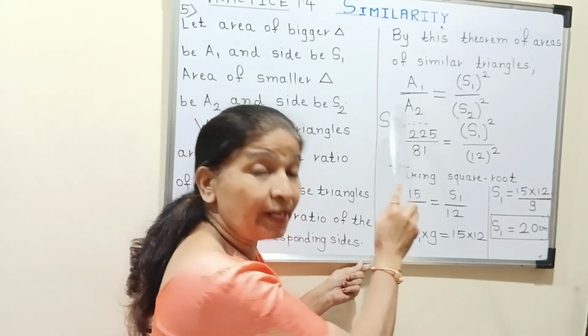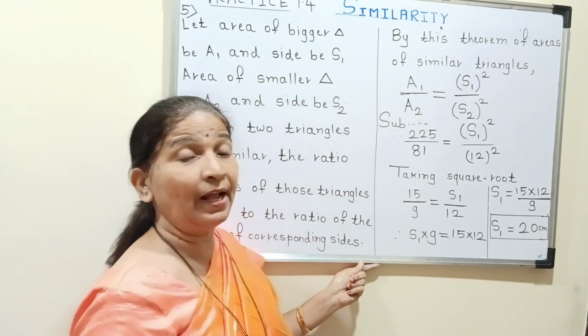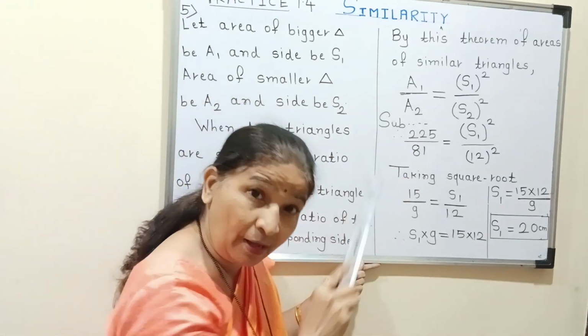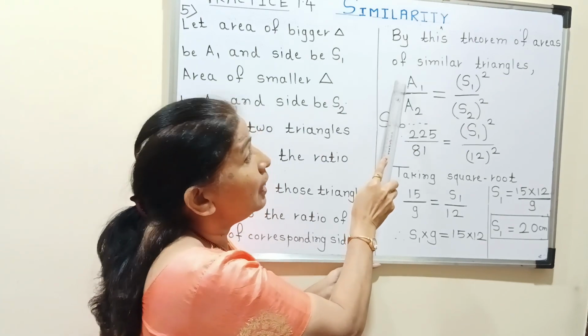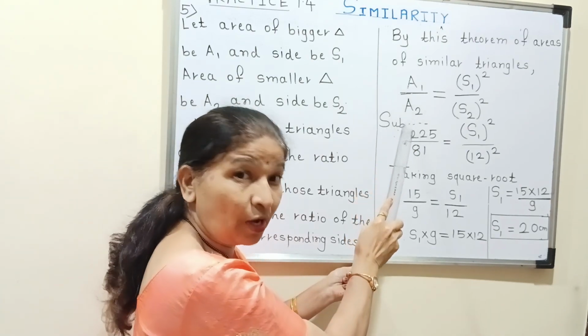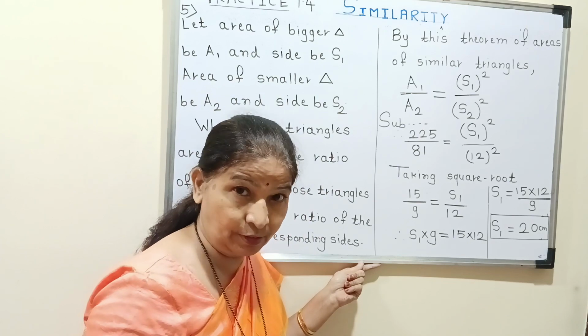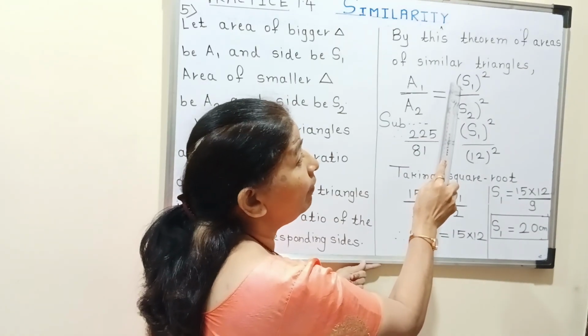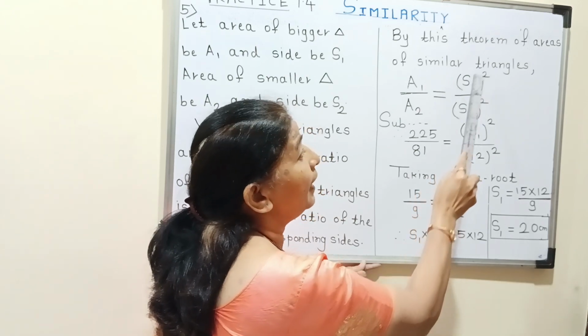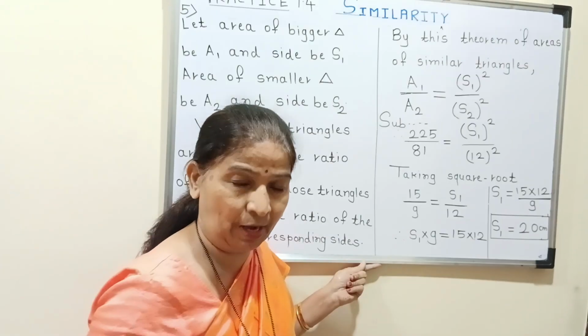A2 is the area of the smaller triangle. It means here I have taken the ratio of the areas of these similar triangles. Is equal to how much? Is equal to S1 square upon S2 square.